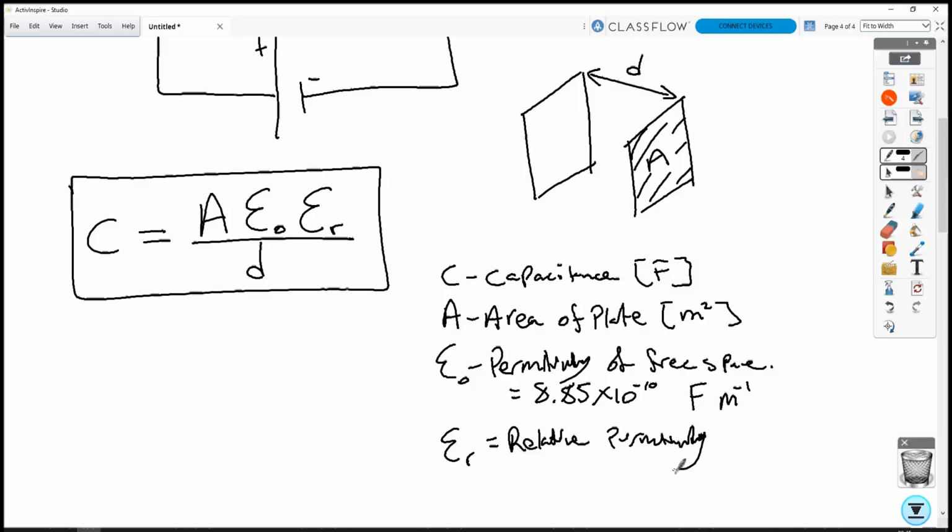So what we could say is that the actual permittivity of the material, we could just call it, for example, epsilon, where epsilon is equal to epsilon naught times epsilon R. Made a slight error here. 10 to the minus 12. There we go.